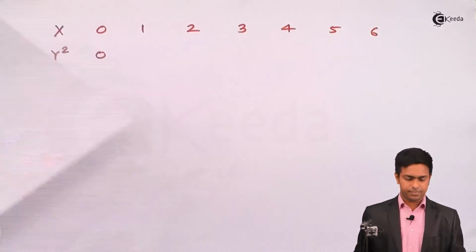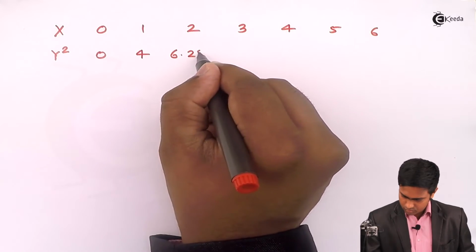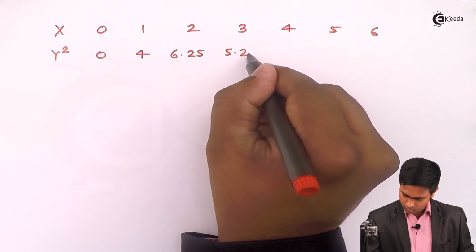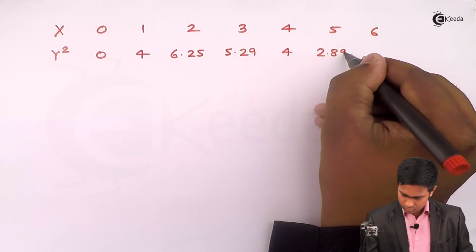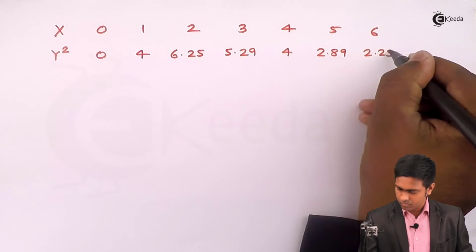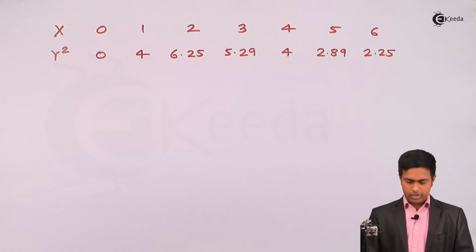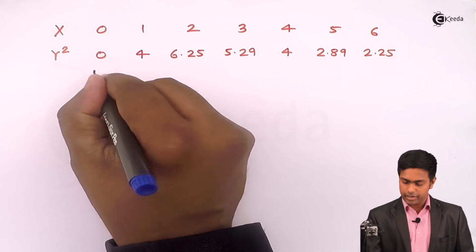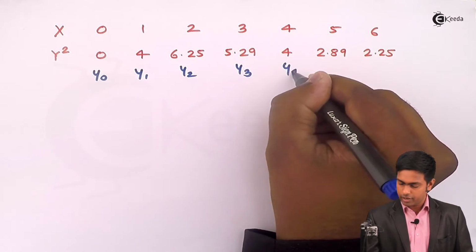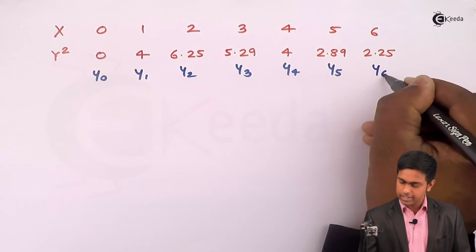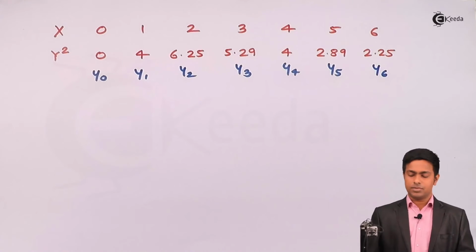Now we'll call the first ordinate y0, then y1, y2, y3, y4, y5 and y6. And now we'll find the answer by using Simpson's 3/8 rule.